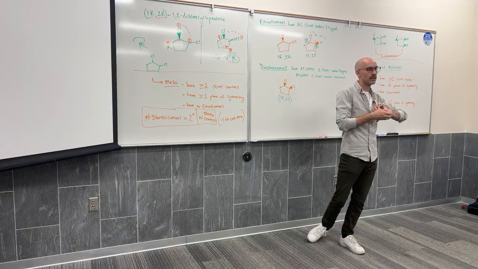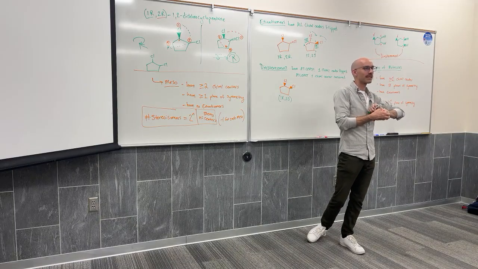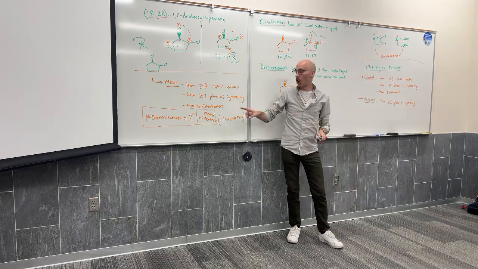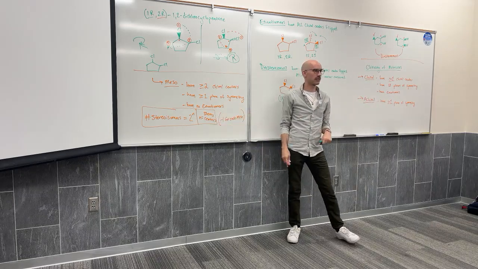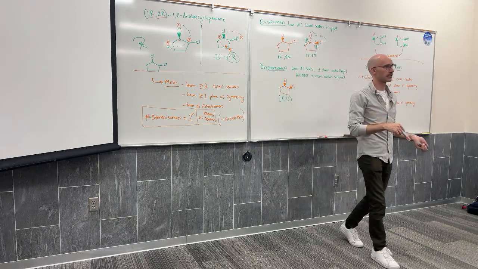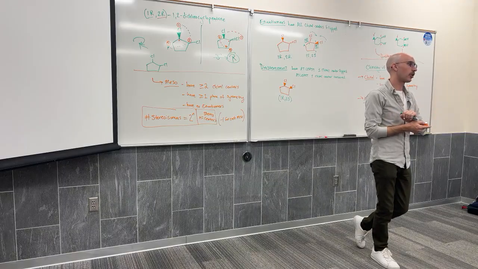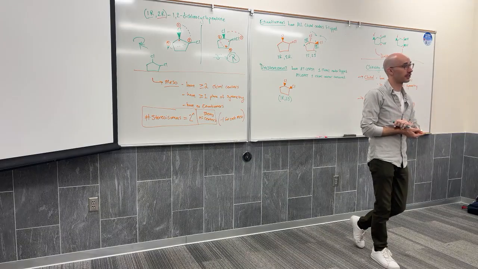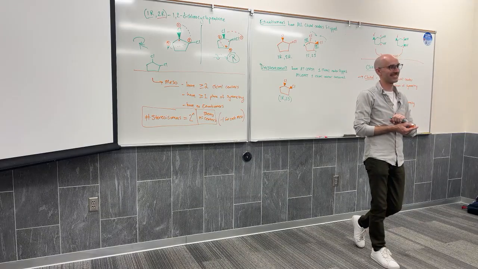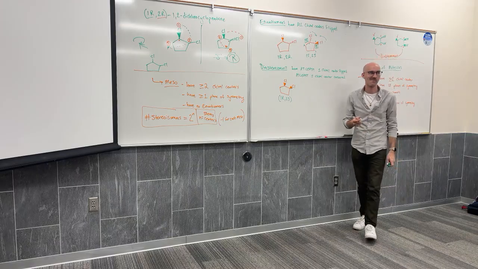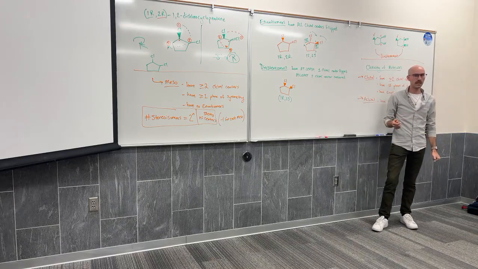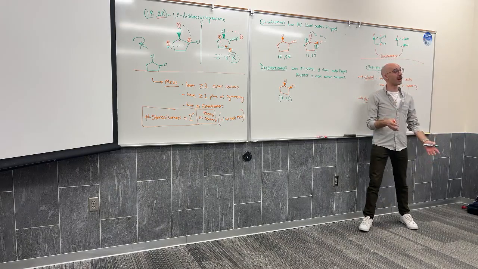So it's not a chiral center, but it could be a stereocenter. All chiral centers are stereocenters, but not all stereocenters are chiral carbons. Some stereocenters are other types of groups. But a chiral center is always a carbon, right? No, actually, no.